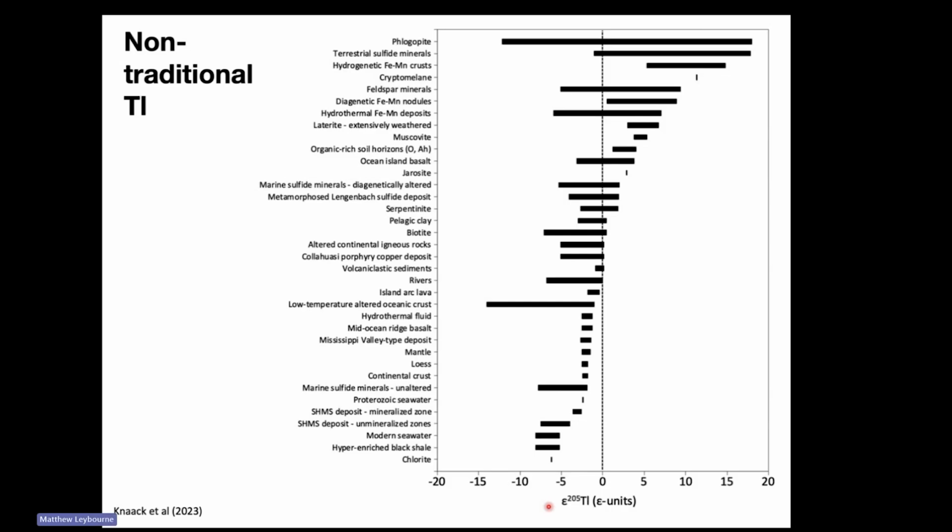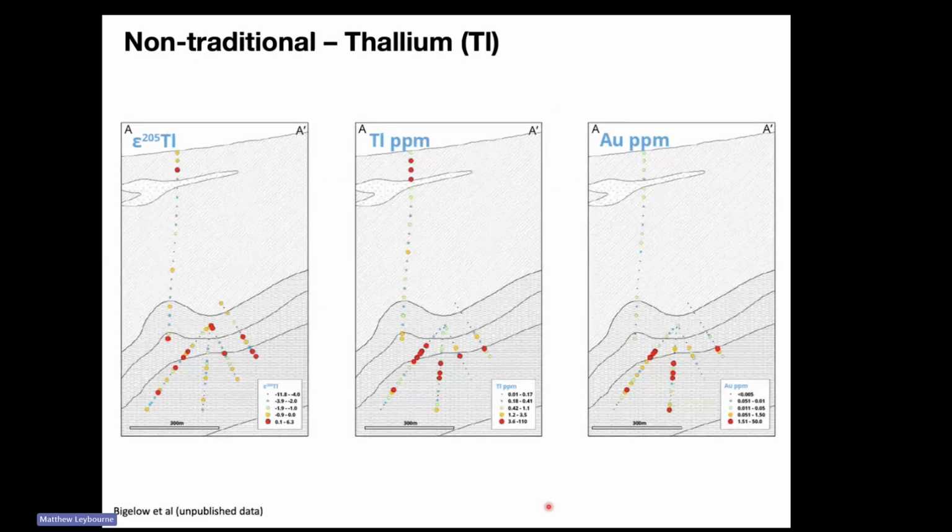So we had a different student do some work in Nevada. So this represents a drill hole and a series of drill holes going through a gold deposit in Nevada. And what you can see is the hotter colors and the bigger symbols on the left are the thallium isotope values. The middle one is the thallium concentrations, and the right-hand one is gold concentrations.